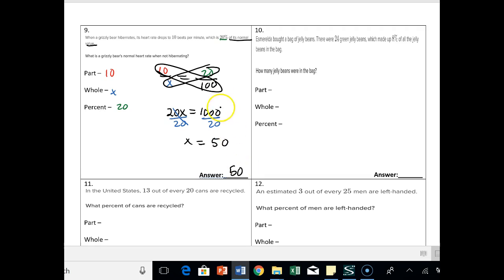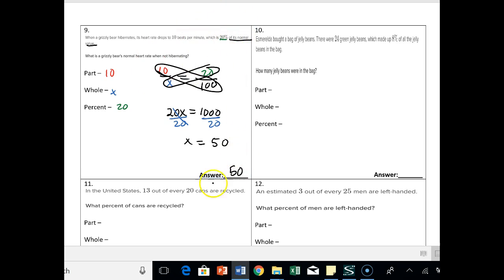Let's go back to this. Sorry, I'm confusing you here. 10 beats per minute is 20%. So that means 50% of 50 would be 25. 100% of 50 would be 50. It makes sense. Right?